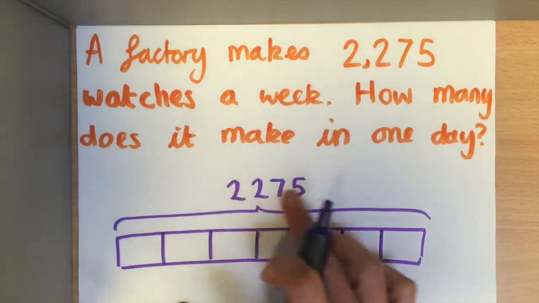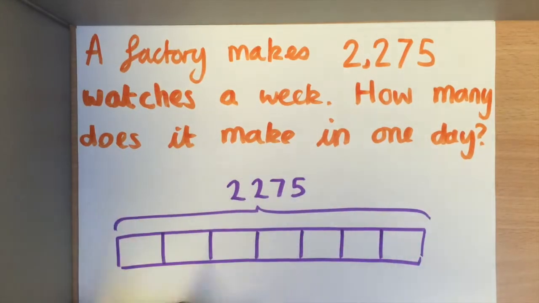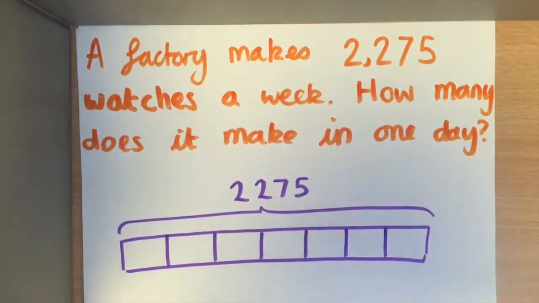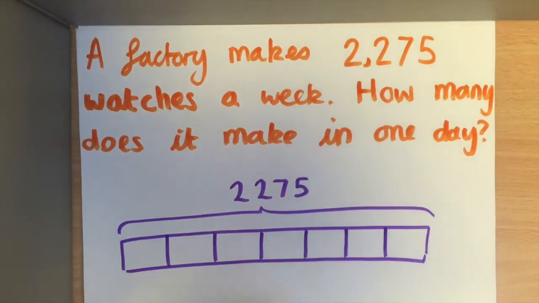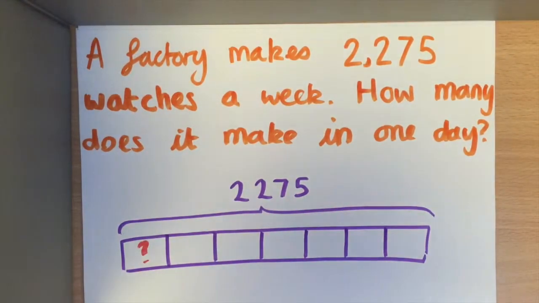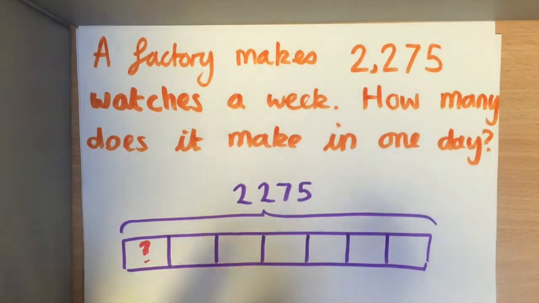But my question is, how many does it make in one day? If each of these represents a day, I just want to know what that box is worth. It could be this box or that box, but as long as it's only one of them, I know I'm working out the right thing.